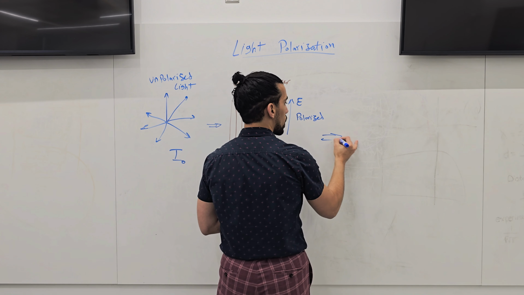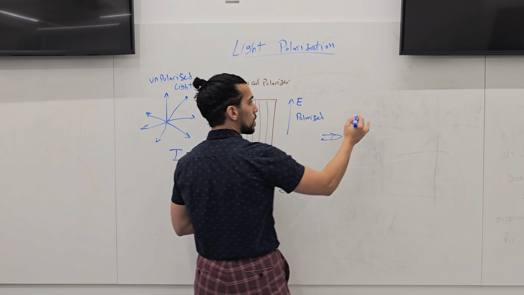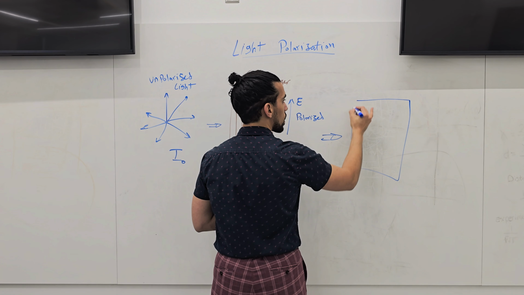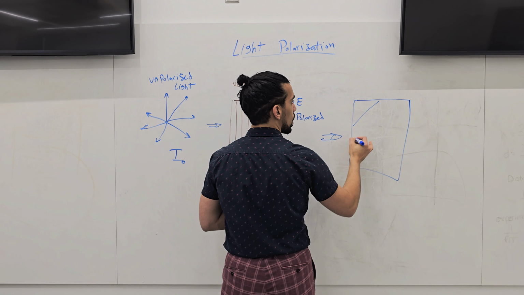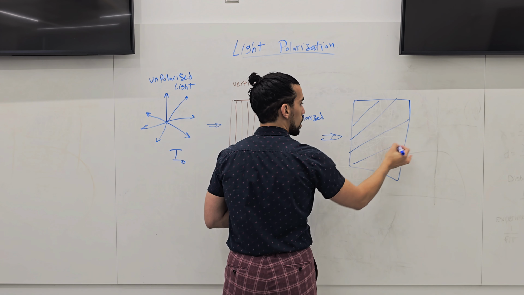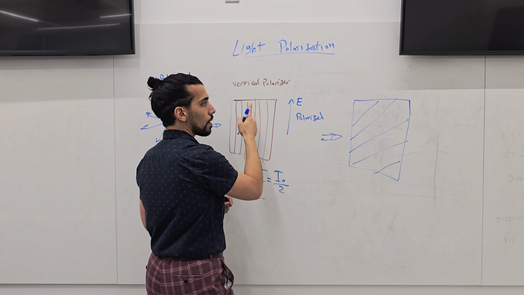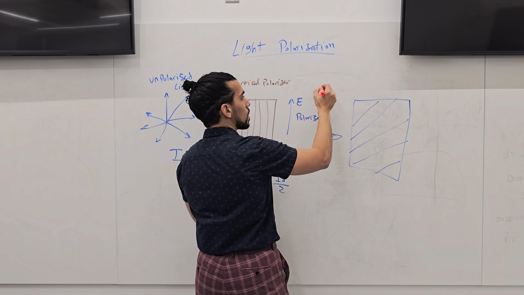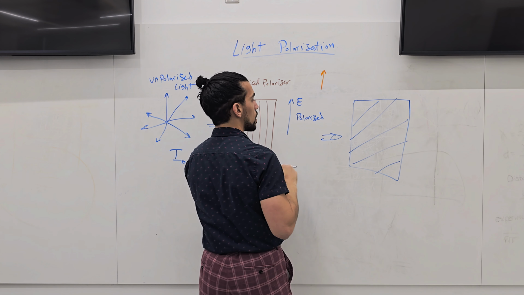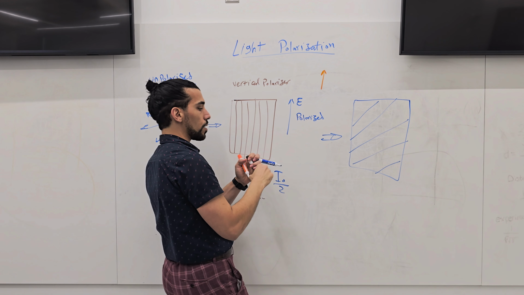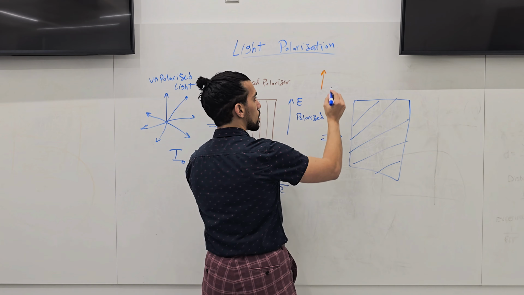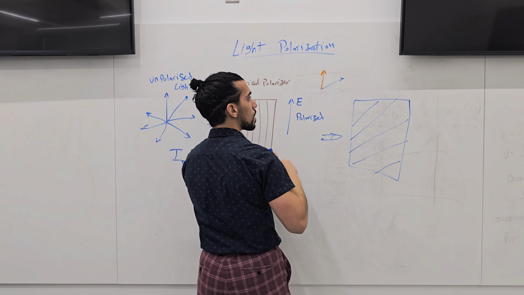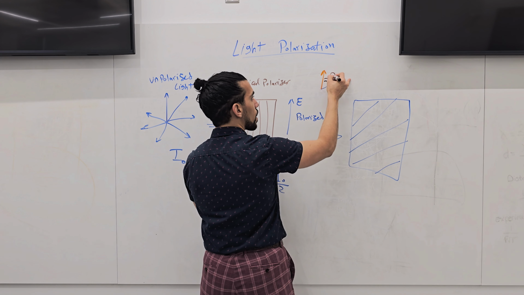Then if we make this one go through another filter that has a different orientation, some angle with the vertical line. So if this was the vertical direction of the polarizer here, and this one is going to be in this direction, there's some angle between both of them, a theta.